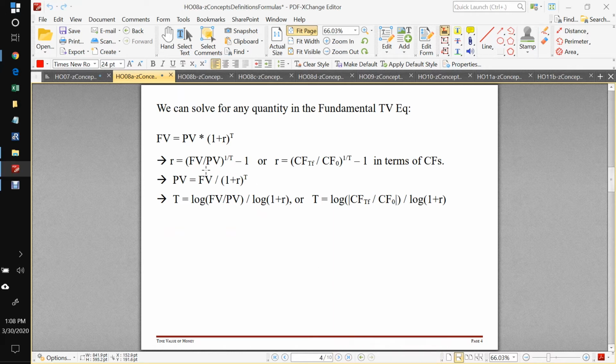And then through the magic of algebra, we could solve this for the interest rate, or we could solve this for the present value, or we could solve this for the time elapsed. And we could also use natural logs, which are typically denoted like that.